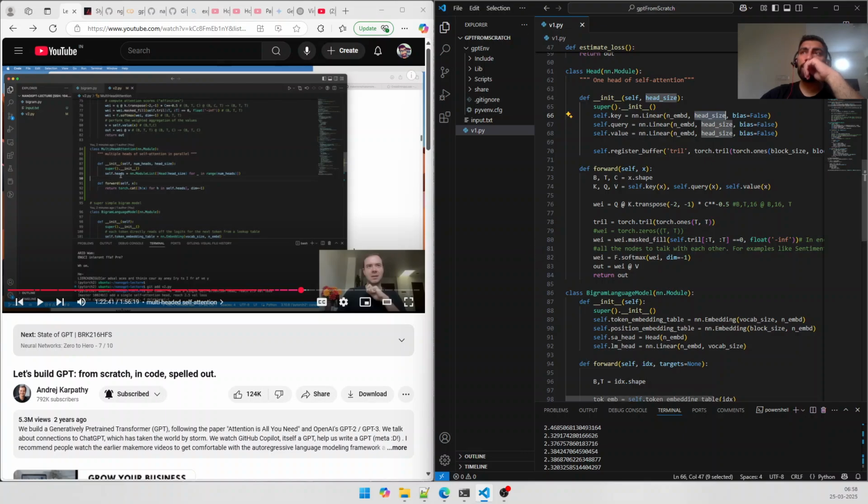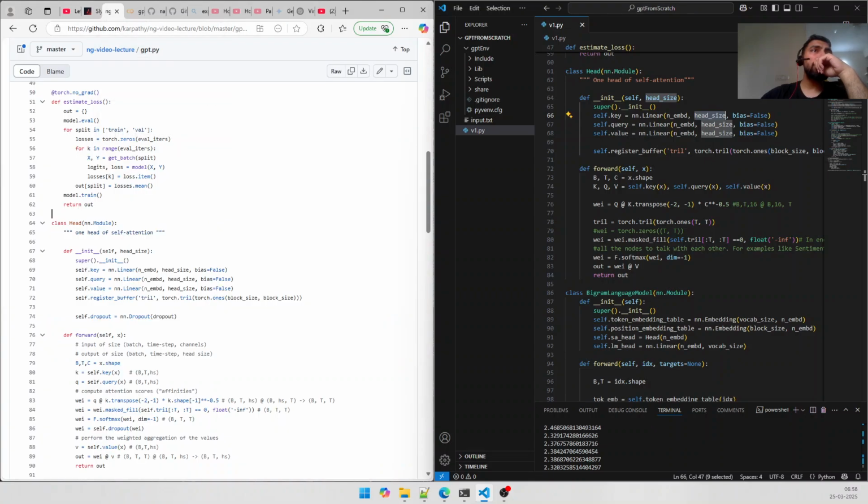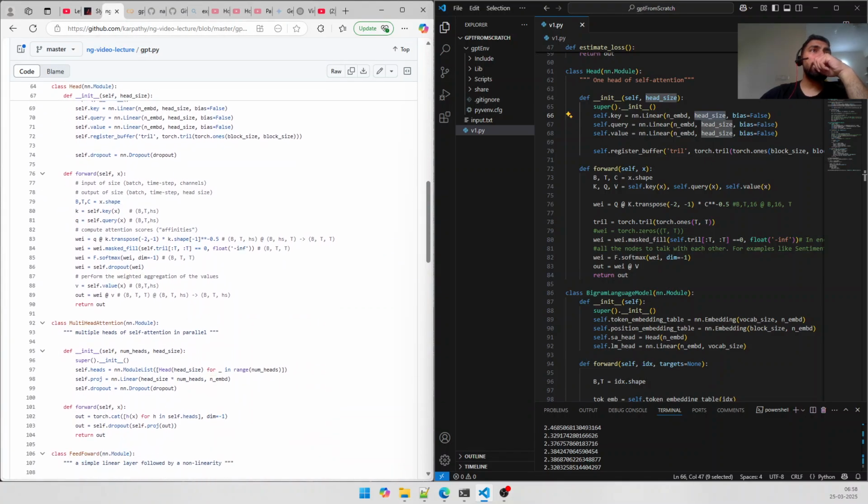What will be the size of this? I just want to take the size.